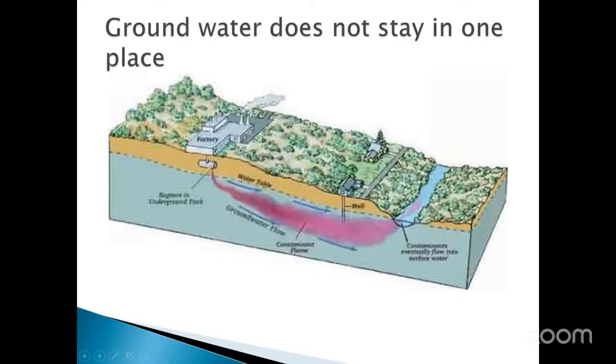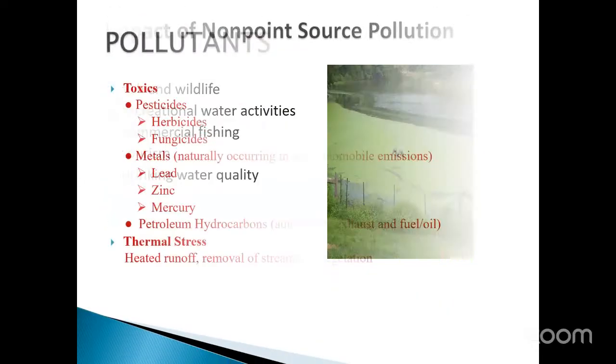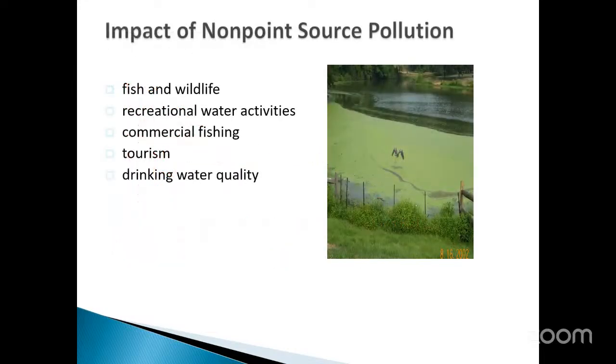Or else you can post in the chat box also. Okay, so an example: fertilizers. Fertilizers from farms slowly enter the lakes and cause algal growth. Here you can see algal growth, the impact of non-point source water pollution.